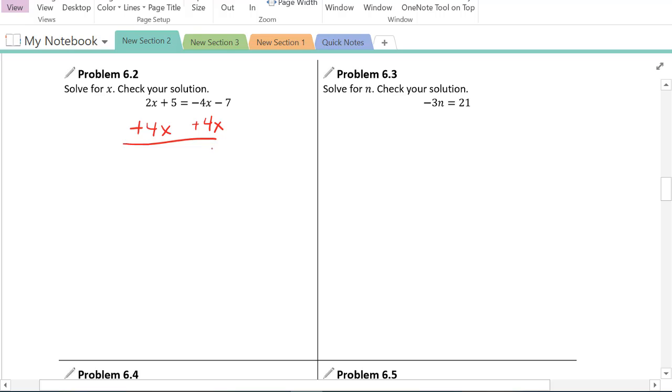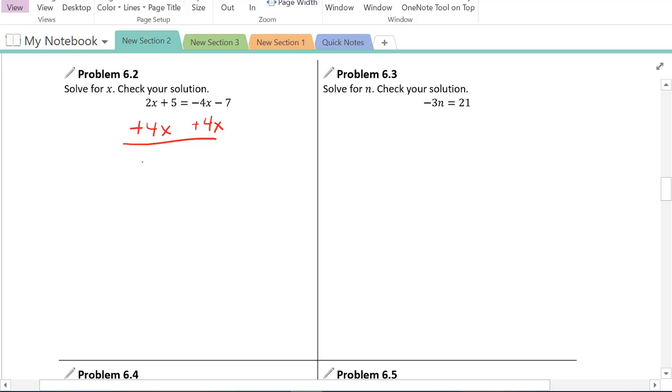They are both correct. It's up to you how you want to do it. But like I mentioned, in class, I will always move variables to the left, and I will always move numbers to the right. So here I'm going to add 4x to both sides rather than minus 2x to both sides.